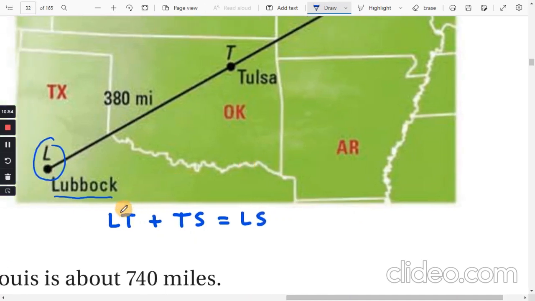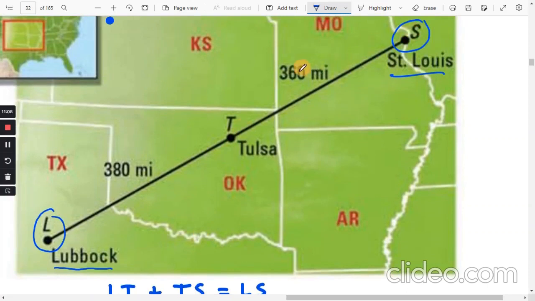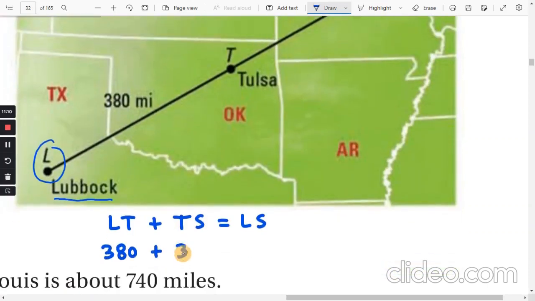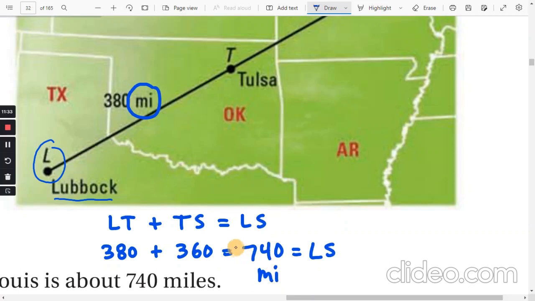We said LT, from L to T, is 380, and from T to S is 360, and that equals 740. That equals LS. We can see the units are MI, that's miles, so if you want to include the units, that's 740 miles.